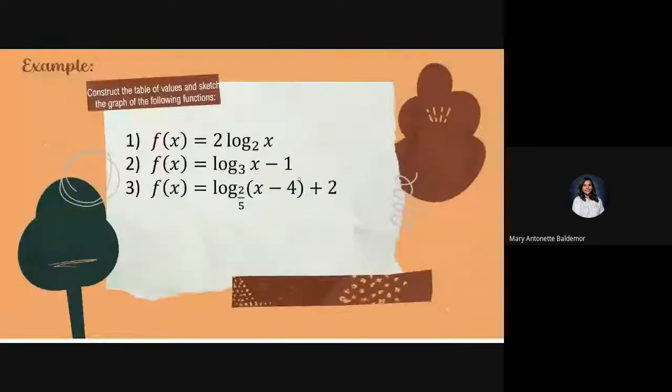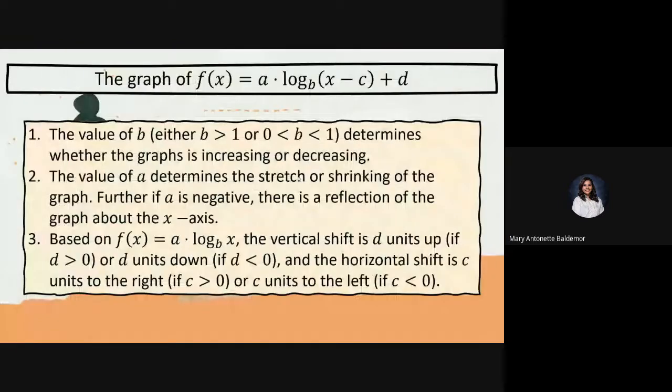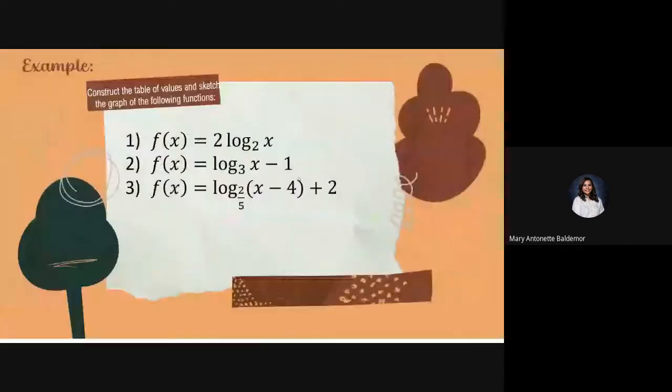Okay, so let's try to apply the properties and the concepts. We have here an example. The instruction here is to construct a table of values and sketch the graph of the following functions. We have three. Number 1, f of x is equal to 2 times the logarithm of x with base 2.